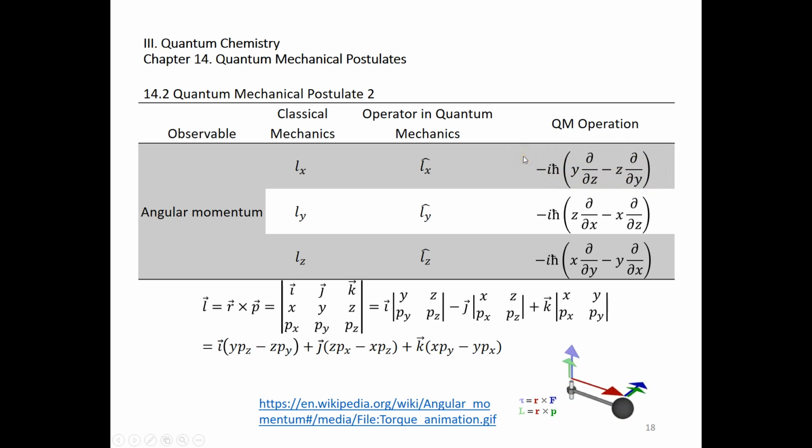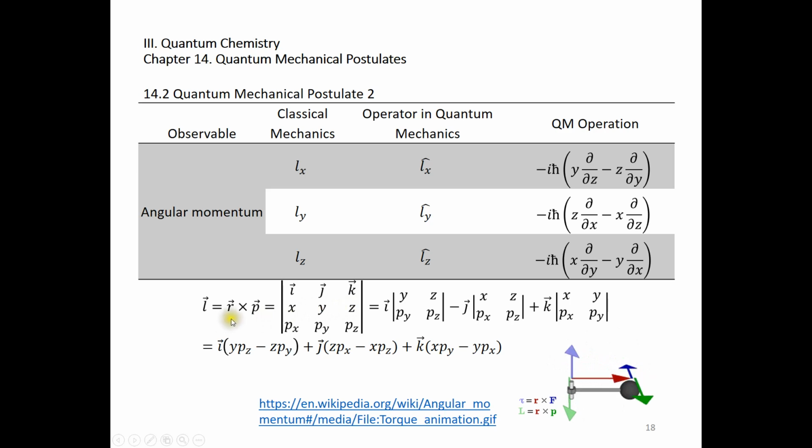Why so complicated? Well, just remember, in classical mechanics, we know the angular momentum is this: r, the radius vector, cross product the momentum vector. So if you know how to deal with the cross product of two vectors, that would be great.